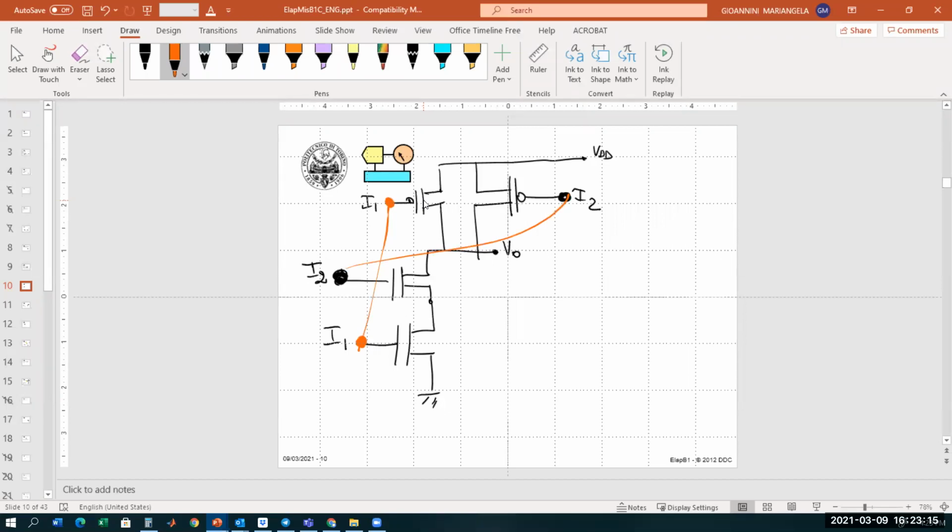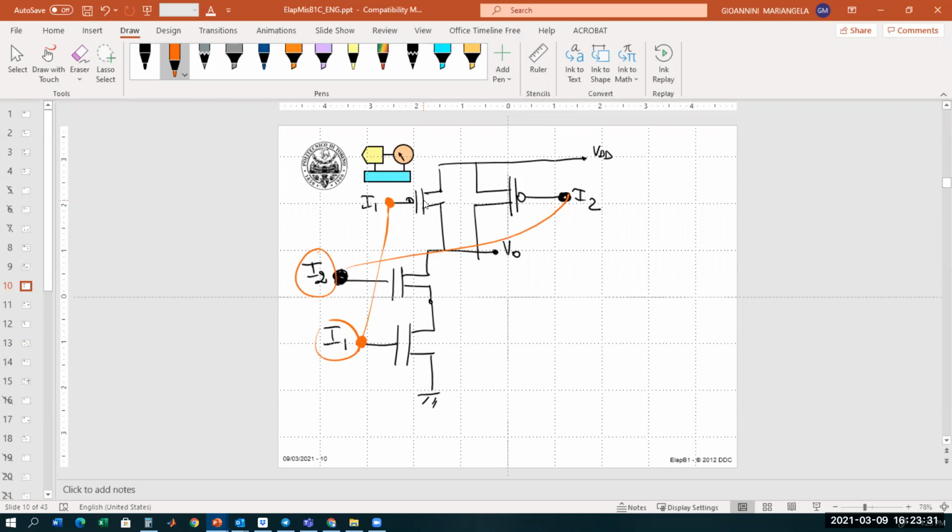These are connected together, and these two, of course, are connected together. Indeed, we need both PMOS open and just one PMOS closed to guarantee the output high.